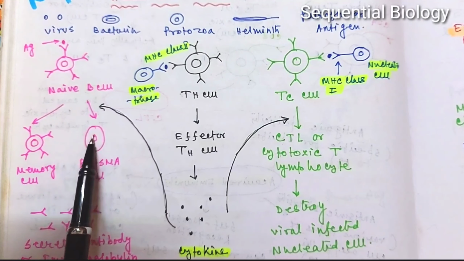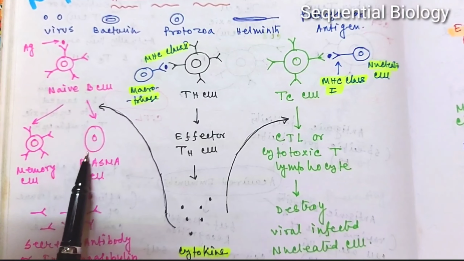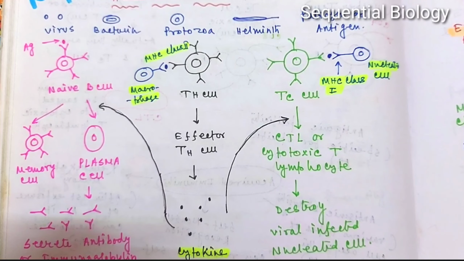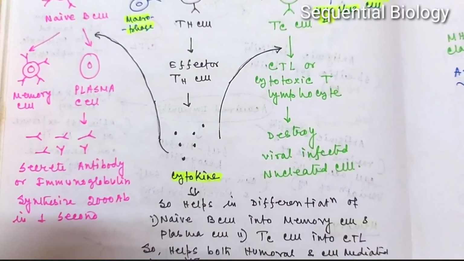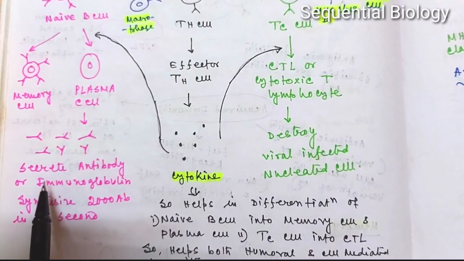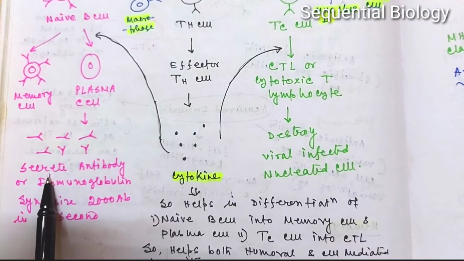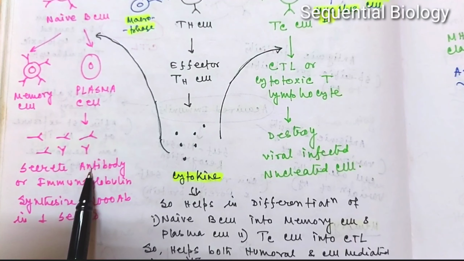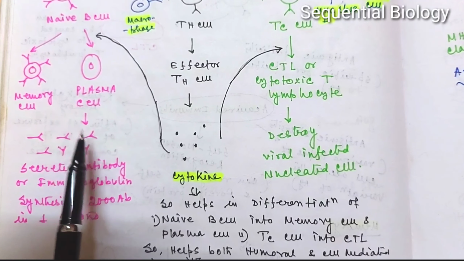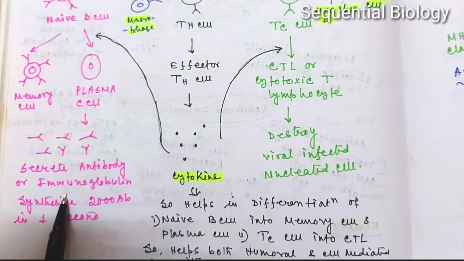The naive B cell differentiates into the memory cell and the plasma cell, and the plasma cell secretes a special type of glycoprotein which is known as antibody. A specific antibody is secreted against a specific type of pathogen.